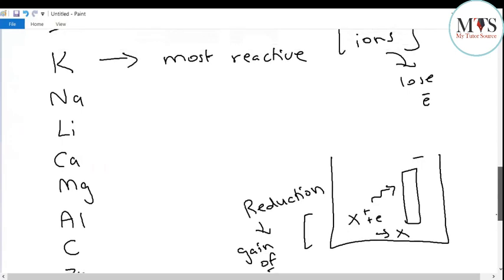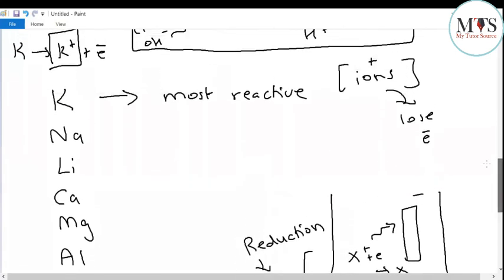So now the more a metal is reactive, it will prefer to stay as an ion. Let's write it this way.